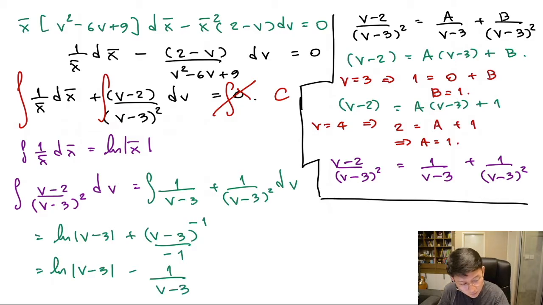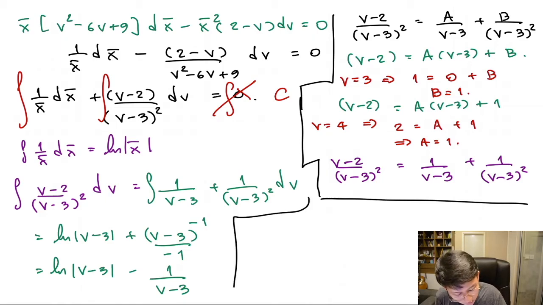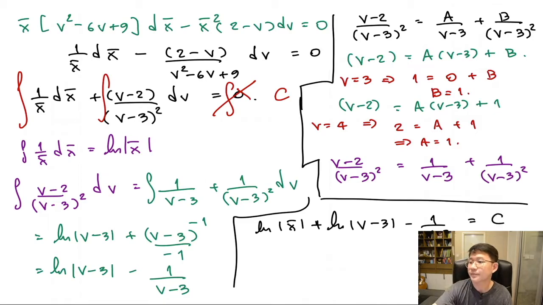So we have that the solution is log of x bar plus log of v minus 3 minus 1 divided by v minus 3 equals c.